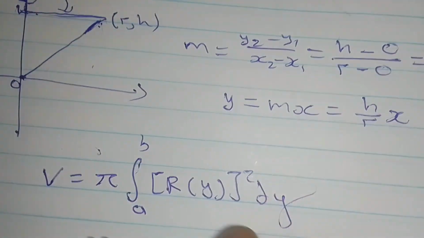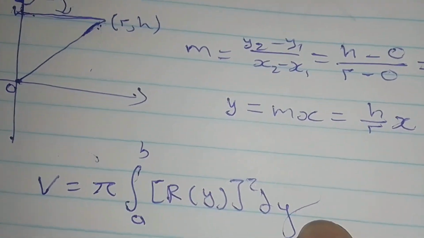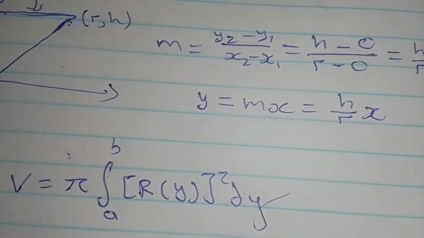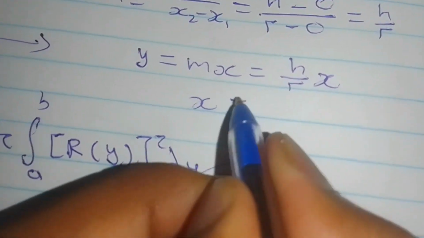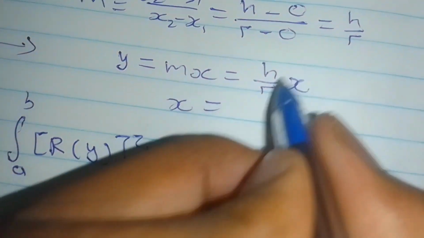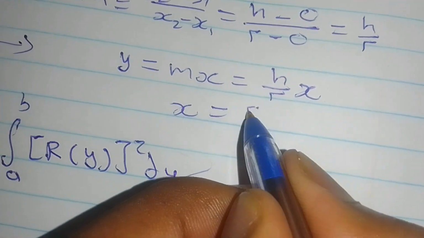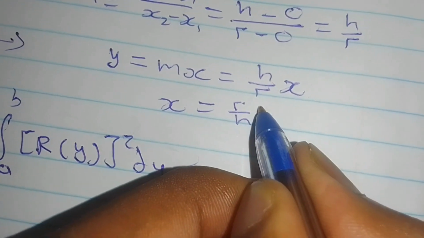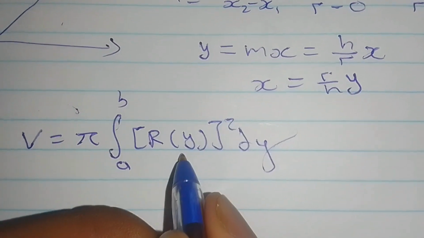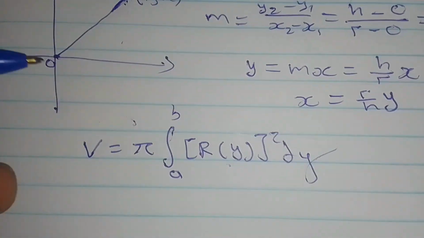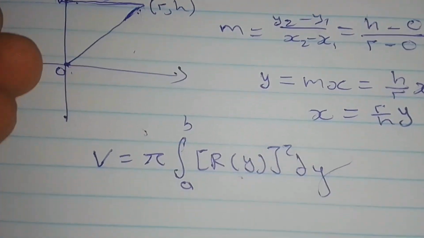If we're rotating about the horizontal axis, it will be r at x, dx, right? And then from here, that means we have to solve for x, and if we solve for x, that means we multiply by r over h on both sides. Then we just have (r over h) y. That will be x. That will be our r at y. And we're going from 0 to h.